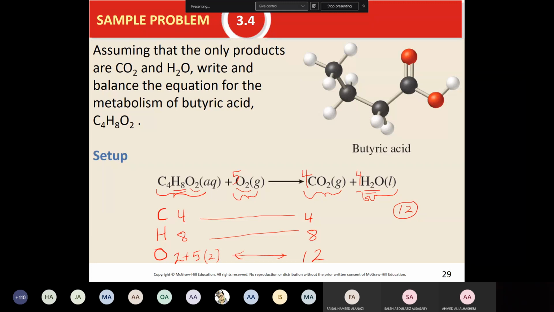Is this clear? I repeat one more time. Whenever you have a chemical reaction, you should say that one molecule of C4H8O2 reacts with 5 molecules of O2 to give you 4 molecules of CO2 plus 4 molecules of H2O, water. Is this clear?